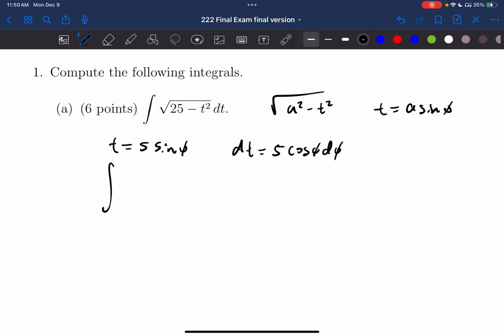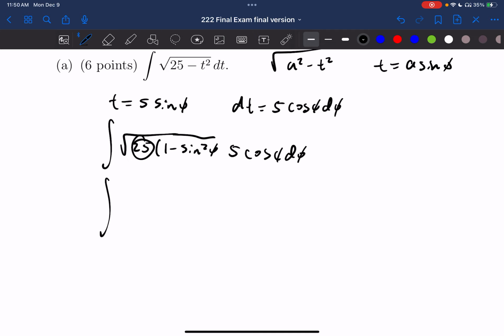Plugging this in, we're going to get the integral of the square root of, plugging this in for t and doing some simplifications, 25 times 1 minus sine squared theta. And dt, replacing that with what it is, we get 5 cosine theta d theta.